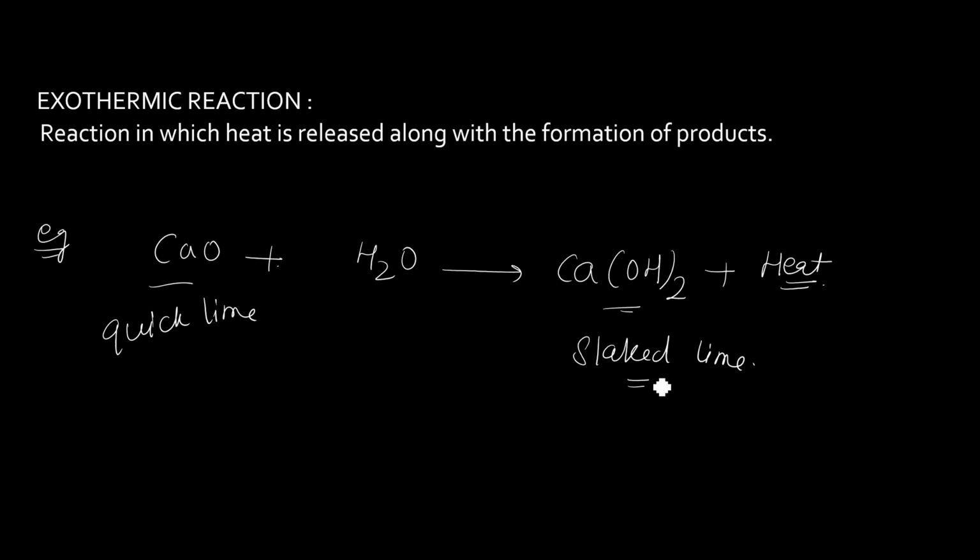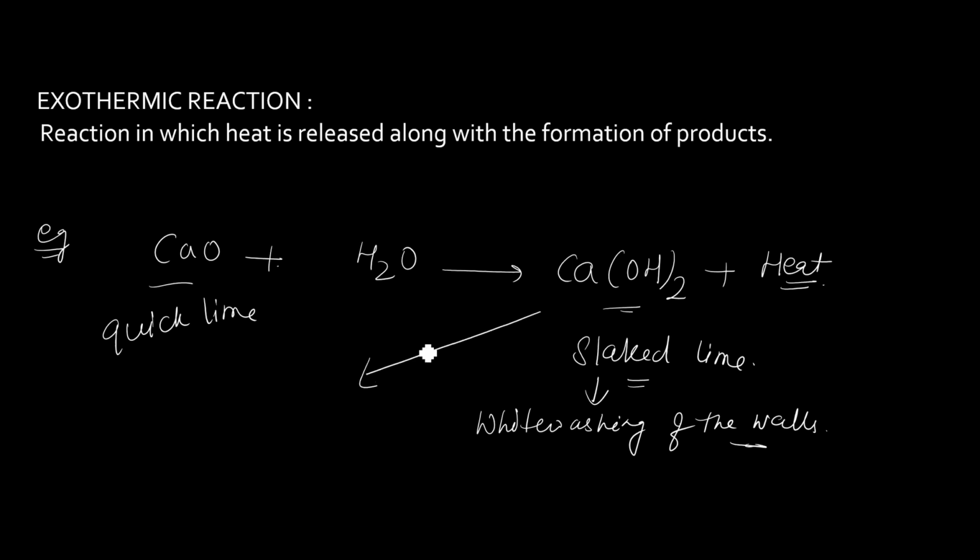This calcium hydroxide is used for whitewashing of the walls. When we whitewash the walls with calcium hydroxide, after 2 or 3 days it reacts with the carbon dioxide present in the atmosphere and forms calcium carbonate plus water.